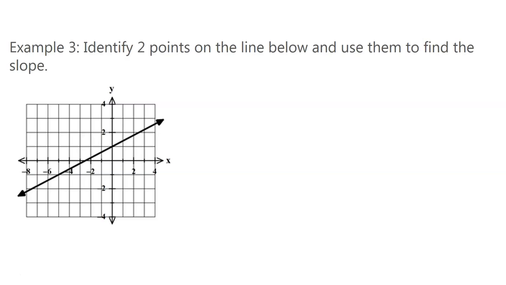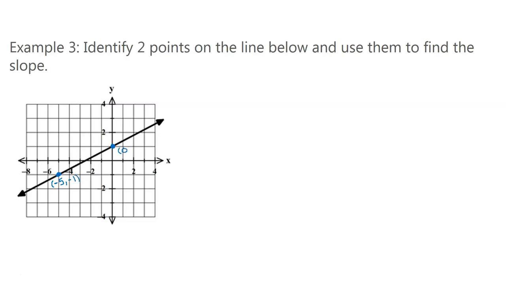Now for the last example, we have to identify 2 points on the line and then use these 2 points to find the slope. So this is a nice point and this is a nice point. So writing out the coordinates now, this is negative 5 and negative 1.